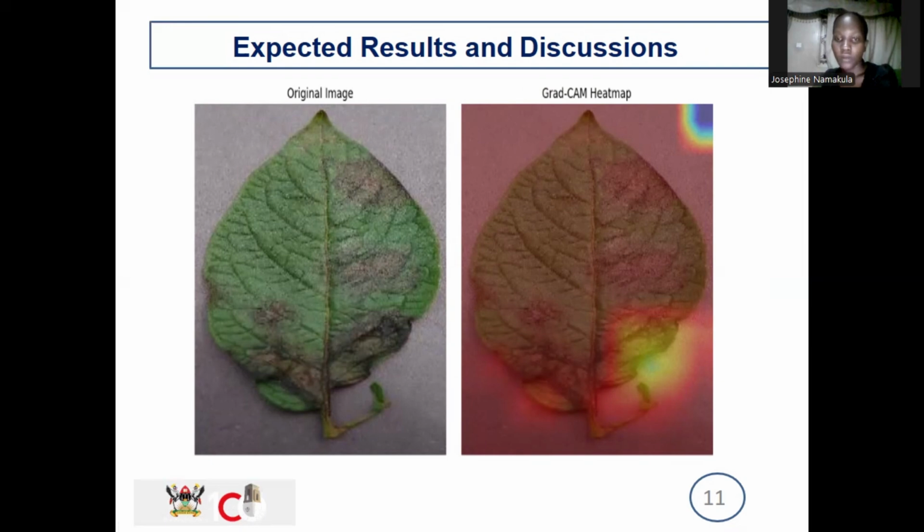These yellow or red regions show the areas where the model detected features critical for its predictions. And the blue, the rainbow colors here, show areas of lower importance for the prediction.